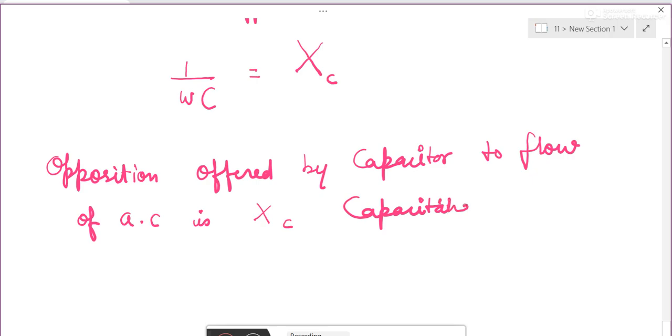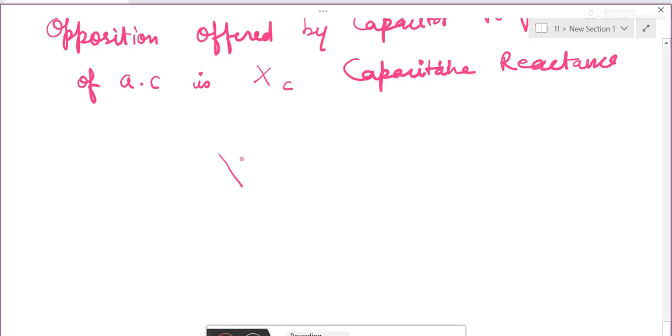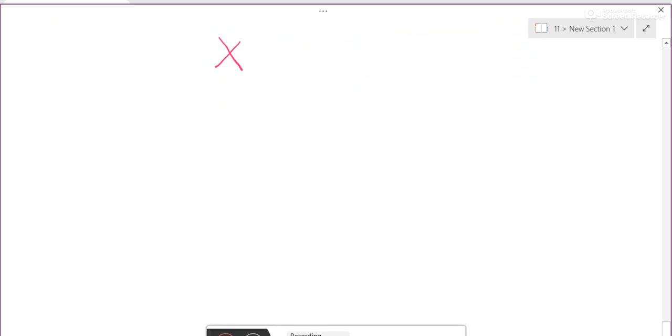Capacitive reactance. So this is capacitive reactance. We'll always remember this.